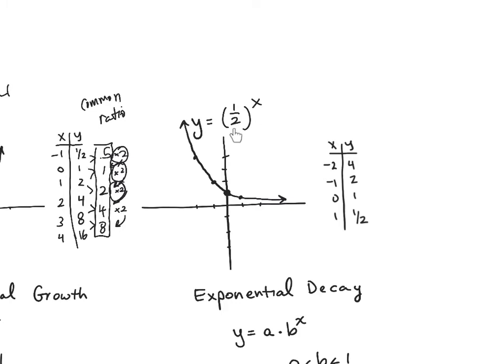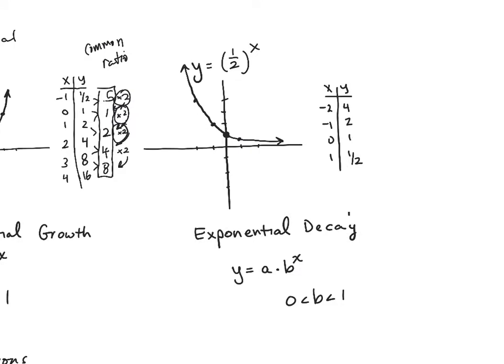And because the base is between 0 and 1, that's what makes this exponential decay. And you can see as the x values are increasing, the y values are decreasing.